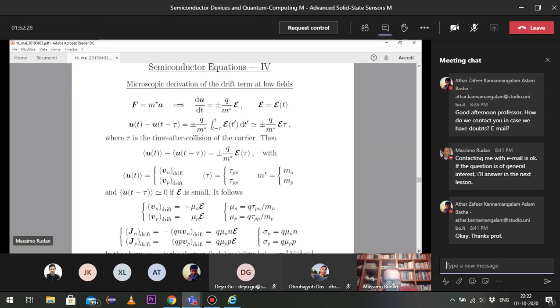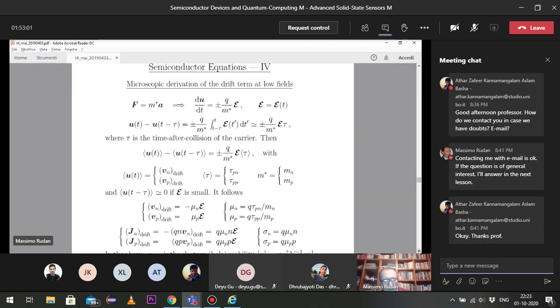Consider one electron. You have an electron that travels in space, and it is subjected to the external force, the electric field. So it is accelerated by the electric field. After a while, this electron has a collision with something else, another electron, a nucleus, a photon, whatever, okay?